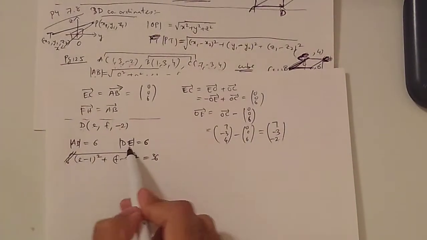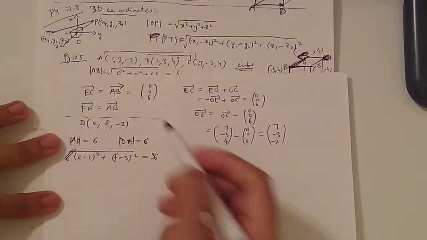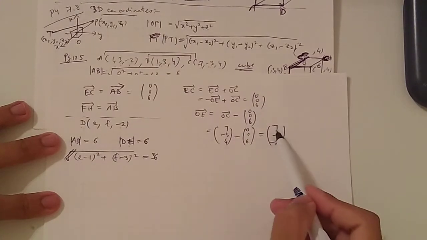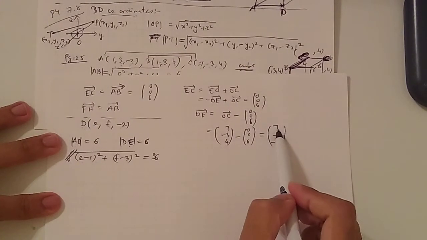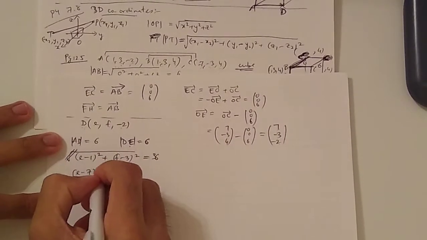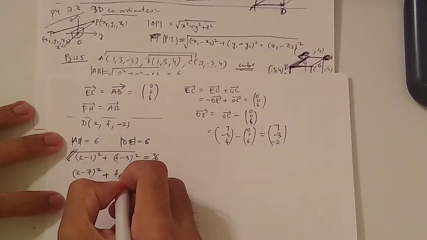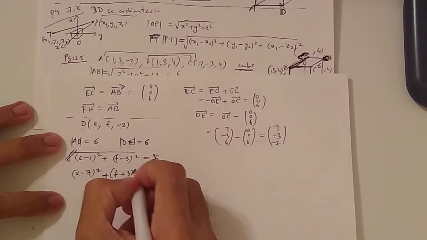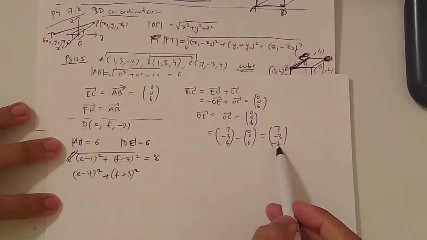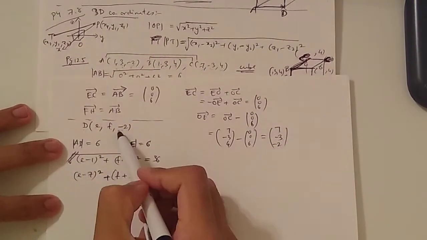Okay, in a similar fashion for DE we can write a second equation, and for D we get E minus 7, because that's the position vector for E. So (E minus 7) the whole square plus (F plus 3) the whole square, and then D and E share the z coordinate, -2 minus -2.